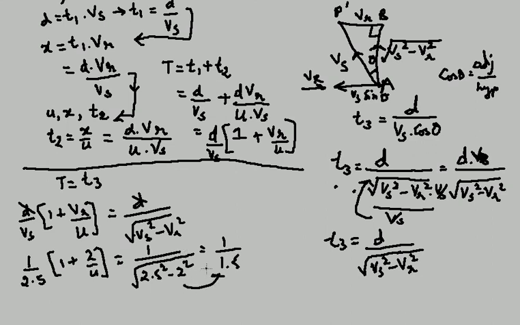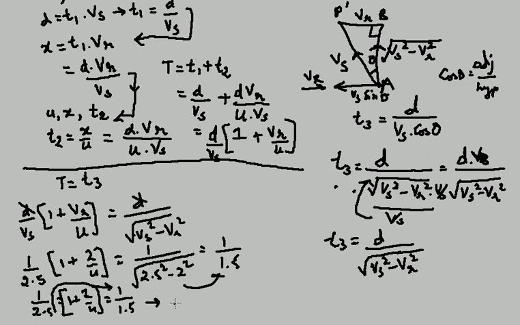You'll have to work it out yourself. Let me try to see if I can fit it out here. So what I get here is 1 by 2.5 into 1 plus 2 by u equal to 1 by 1.5. If I do a cross multiplication, 2.5 would come here.